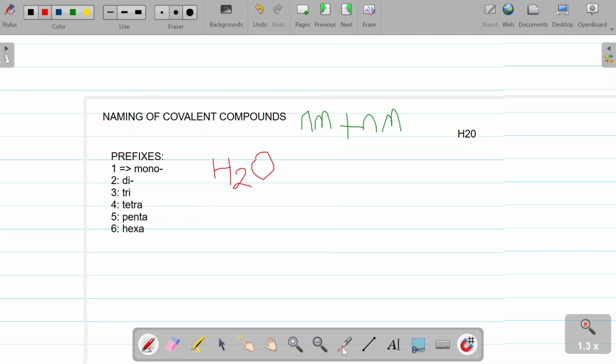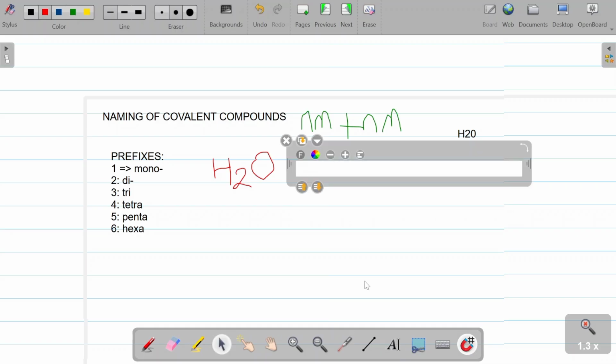We have hydrogen, which is represented by H, and we have oxygen, which is represented by O. Now hydrogen has two atoms. Oxygen has only one. Now we know the common name or the popular name we call H2O is water, but it also has its own chemical name. What is that? Let's take it from the beginning.